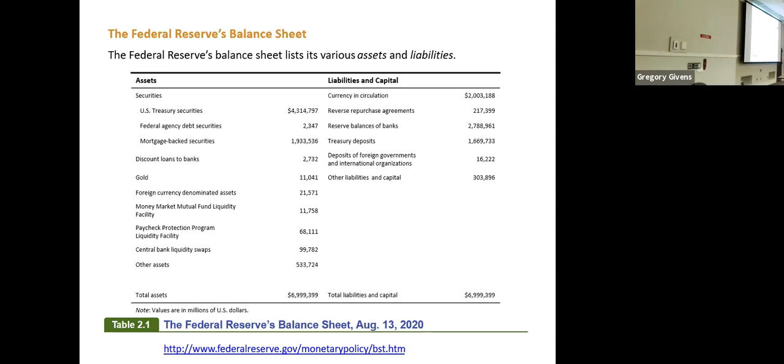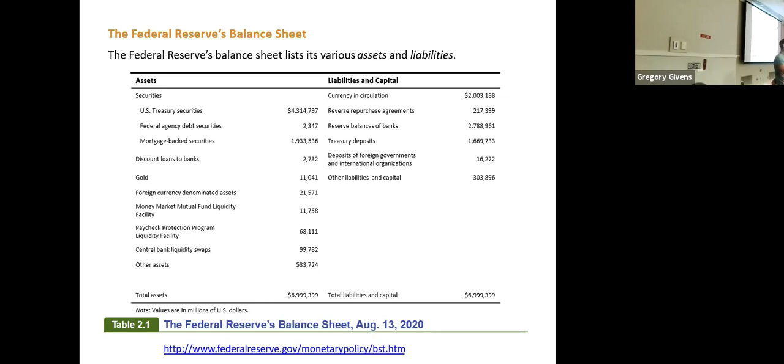Federal agency debt. You know what that is mainly. There are two quasi-government agencies you probably have heard of, Fannie Mae and Freddie Mac. These are not fully government agencies. They're quasi-government agencies that have actually purchased a lot of these mortgage-backed securities over time. They're helpful for making mortgages available to more and more people in our economy.